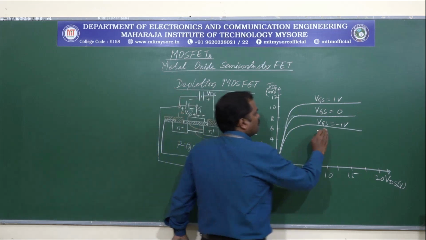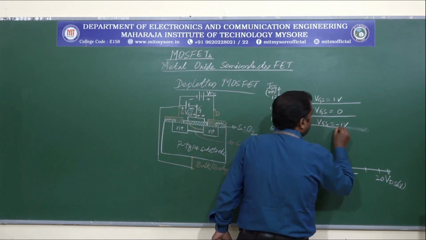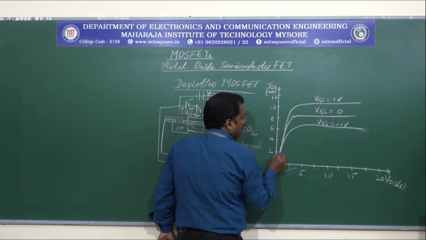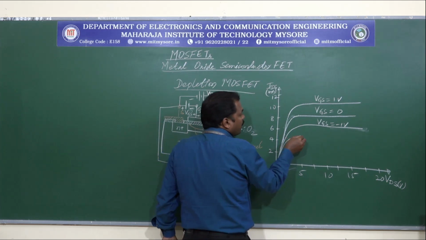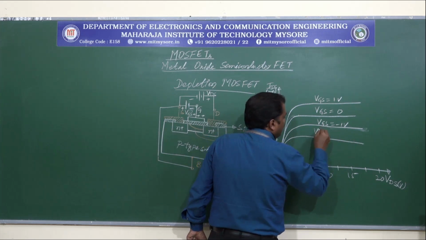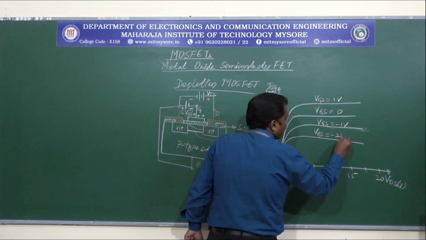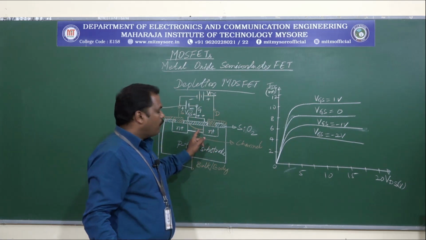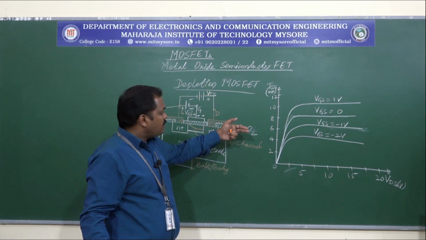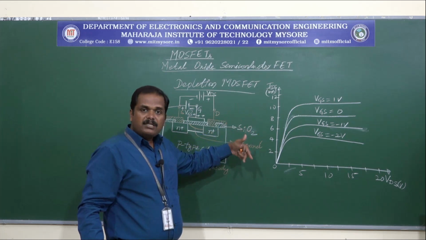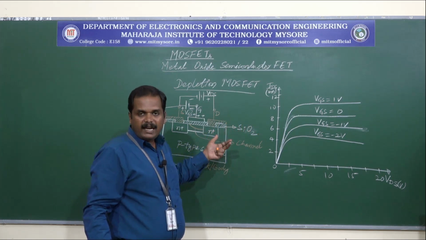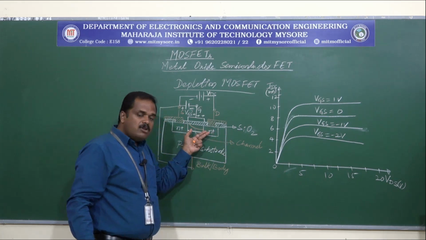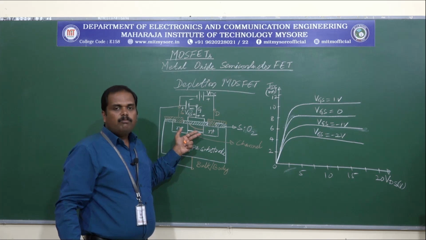Further, if I decrease the VGS, if I make it more negative, then we can see further reduced current will be flowing in the device. So like this, if I go on making the gate terminal more negative with respect to the source, there will be diminishing IDS available in the channel.